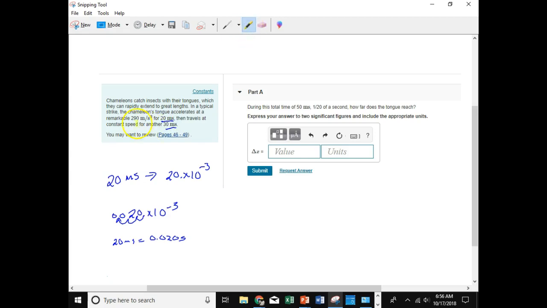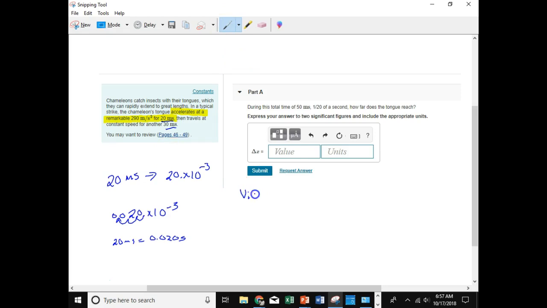Chameleons catch insects with their tongues, which can rapidly extend to great lengths. In a typical strike, the chameleon's tongue accelerates at a remarkable 290 meters per second squared for 20 milliseconds. Again, what do you already know? There are some things you can make assumptions on.